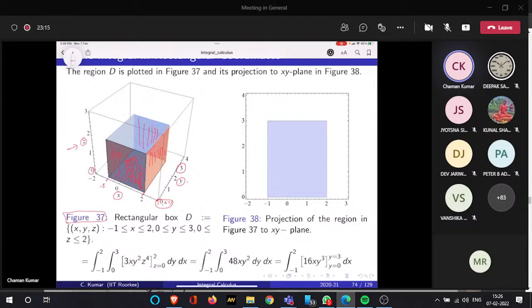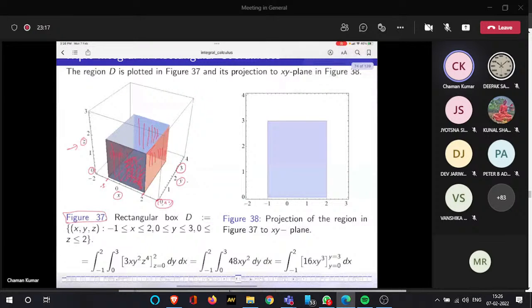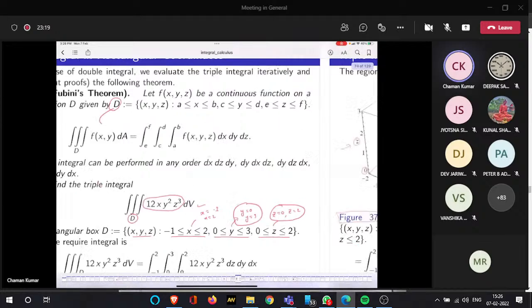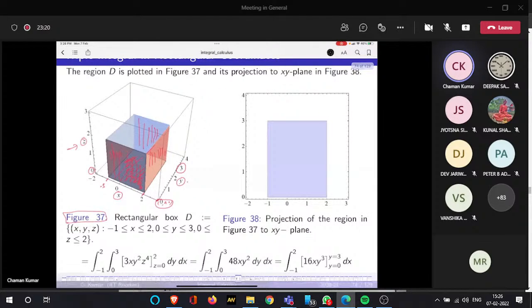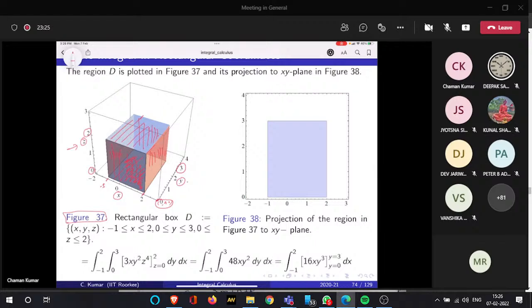And then z is equal to 2 is this top surface. And the common area is this saddle region given in the picture. So that is done.